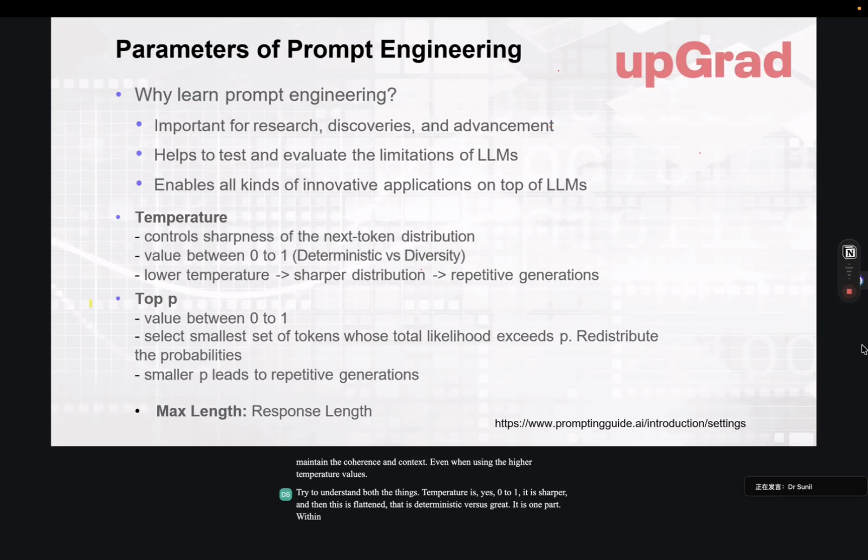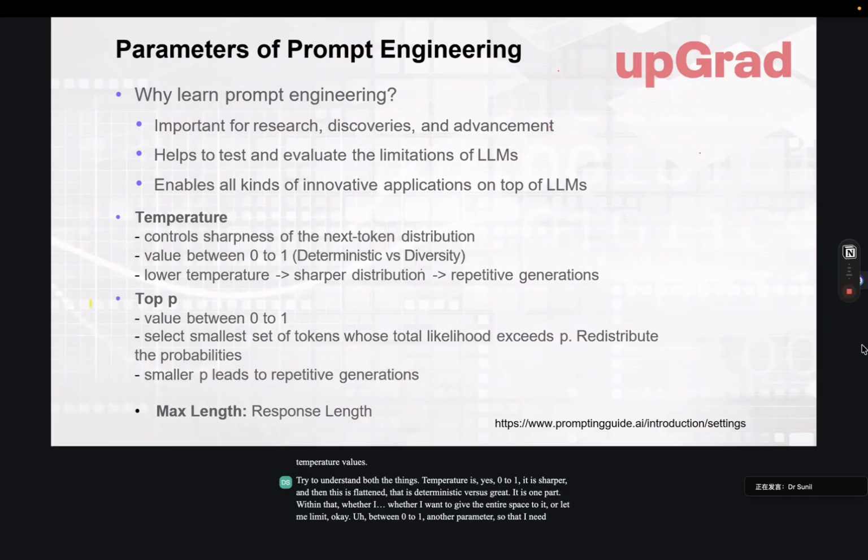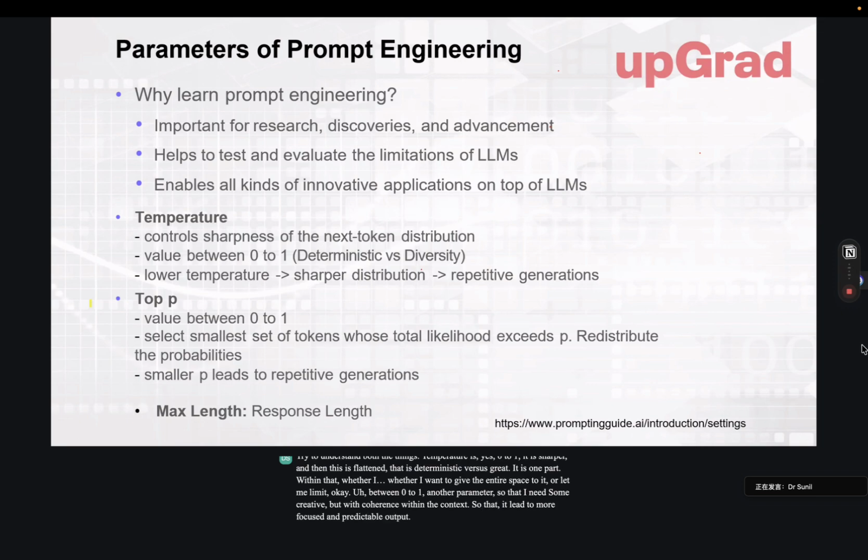Within that, whether I want to give the entire space to it or limit it, between 0 to 1, is another parameter, so that I get some creativity but with coherence within the context. A low top P leads to more focused and predictable output, while a high top P value will allow for more creativity and exploration. Okay, so those are the things we are talking about.